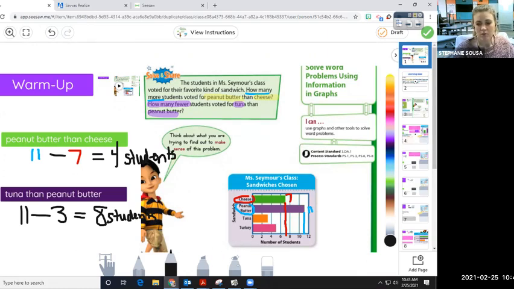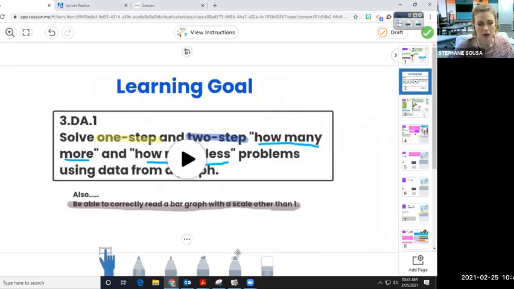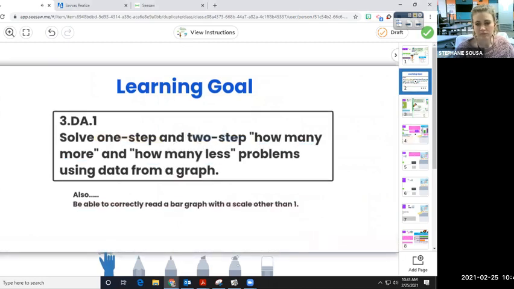Questions on how we solved those? Alrighty then. Let's continue on to our learning goal. Here is our learning goal for today.